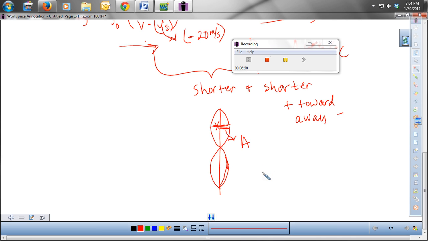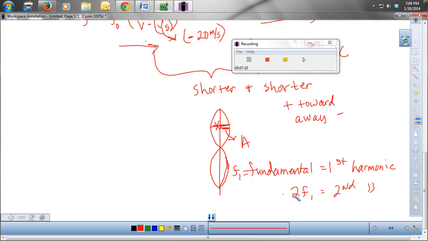Know that your fundamental sound is your first harmonic. Your second harmonic vibrates at 2 times the fundamental, and f sub 1 is the fundamental.